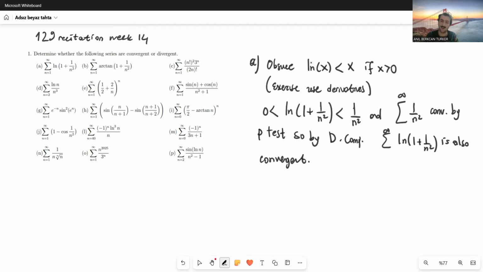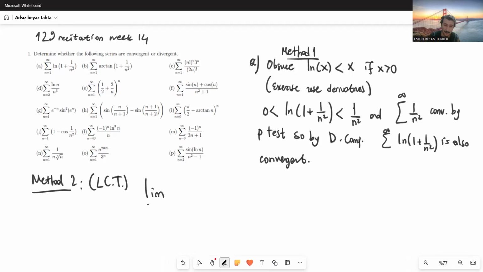Okay. Now you can also use another method. This is method 1. Method 2, the limit comparison test. So try to take the limit, because ln(1 + x) behaves like x at infinity.